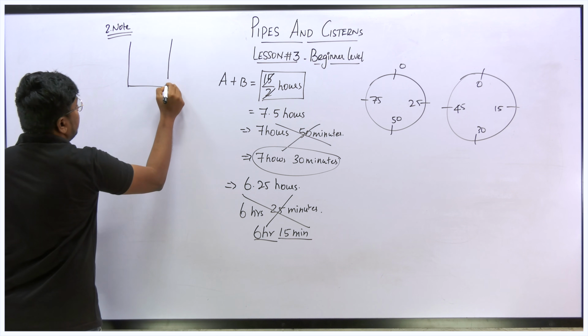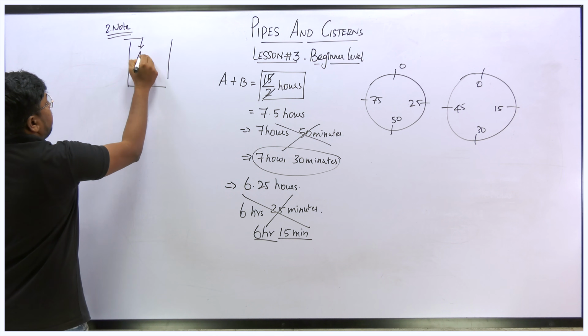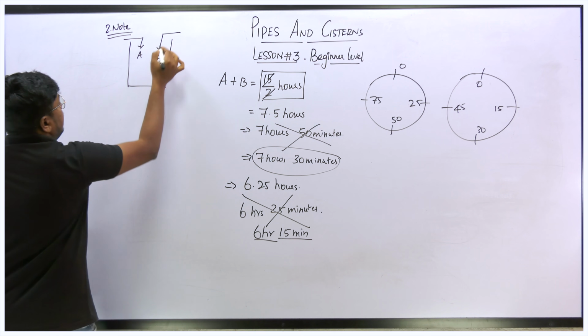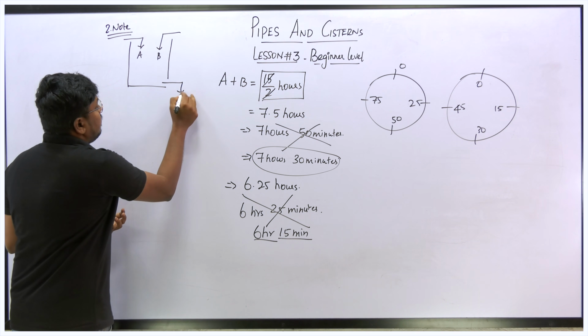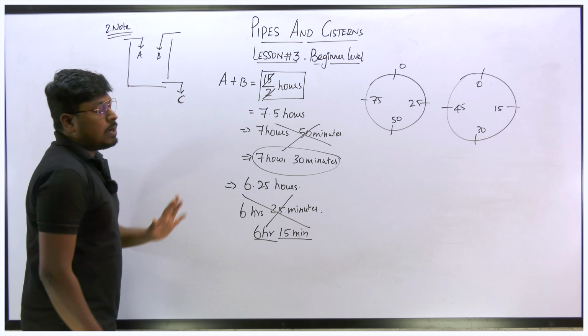just listen carefully. Let me assume that there is tap A and tap B. Both are inlet pipes, which fill the cistern, and tap C is where the cistern is getting emptied. It's an outlet pipe.